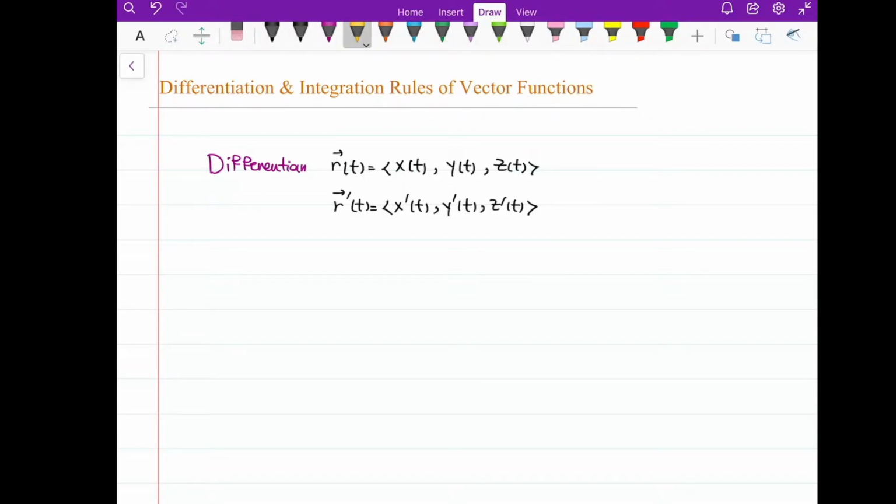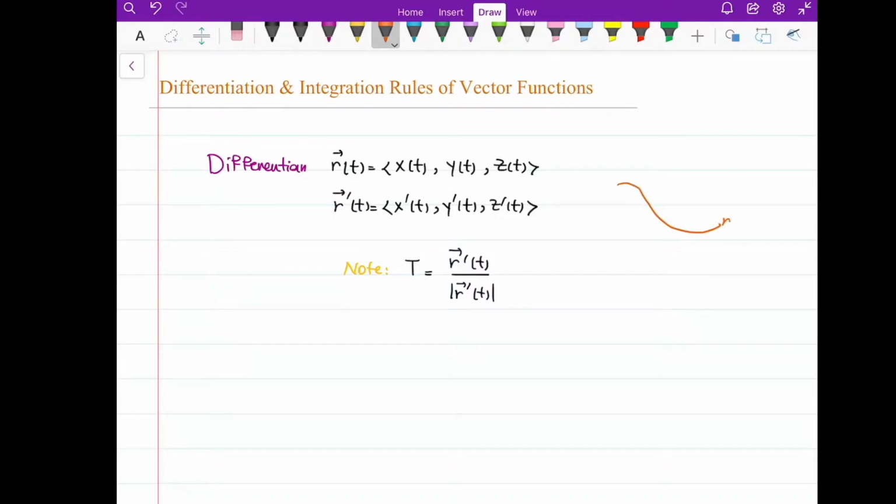And let me give you a note as well. We can define a vector T as the derivative over the length of the derivative. The length is a number that is positive, and this vector is tangent to the curve.